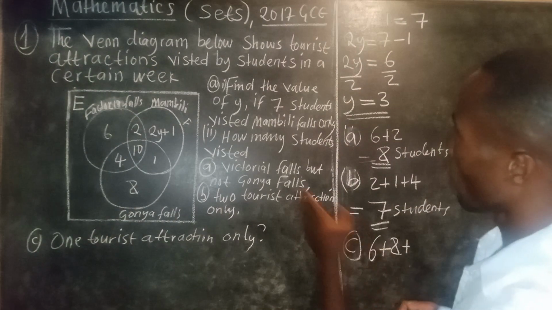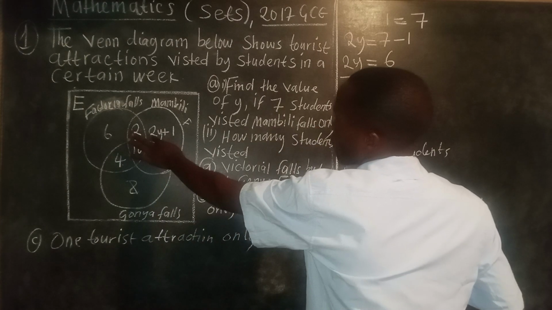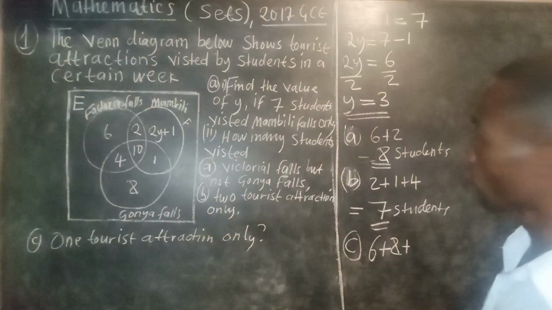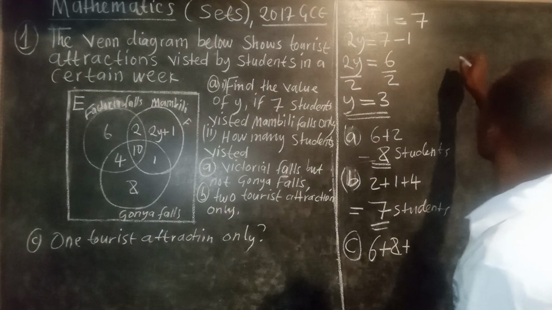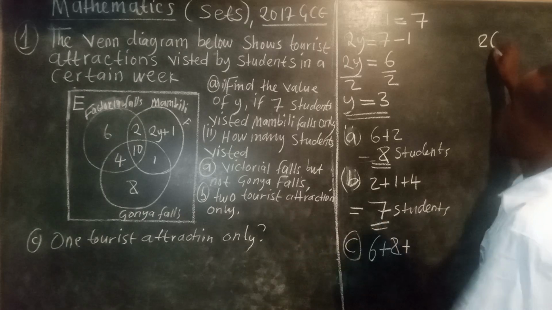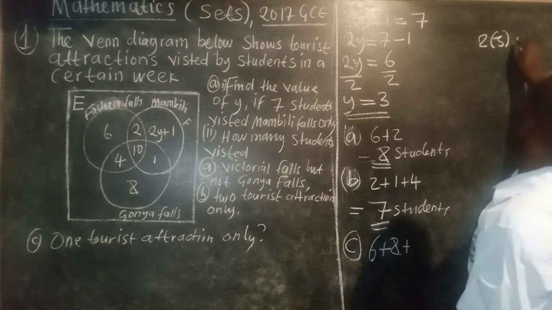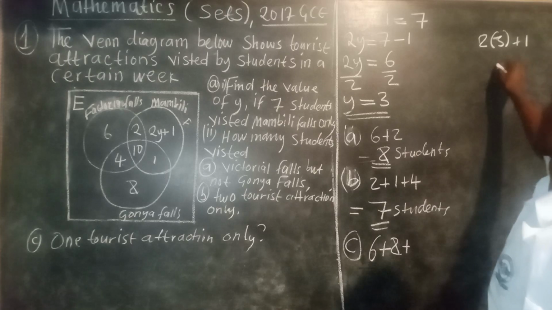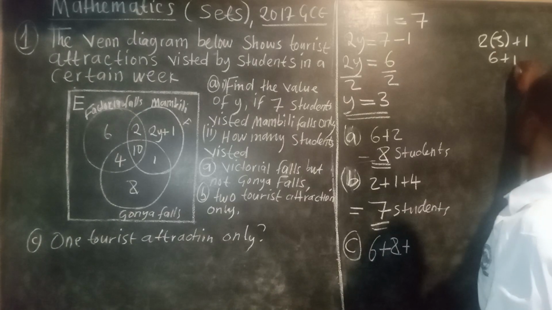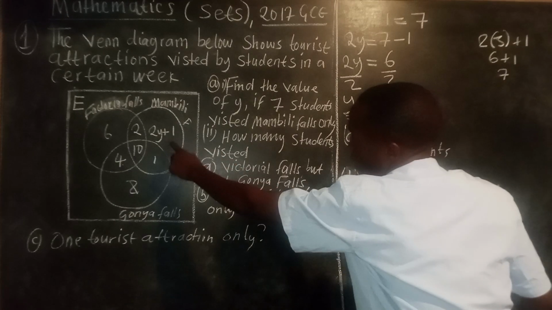Here, since y is equal to 3, where there is y, we are going to substitute. So we can do it first on a separate part, whereby we say 2, where there is y there, we put 3, then plus 1. So 2 times 3, the answer is 6, plus 1, we are going to have 7. Therefore, here alone is what?